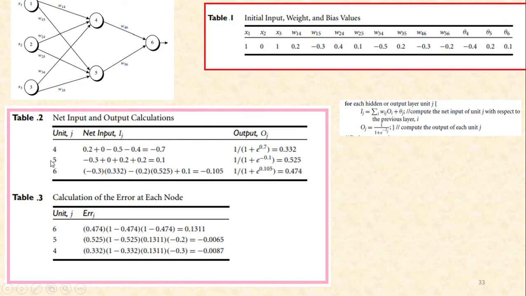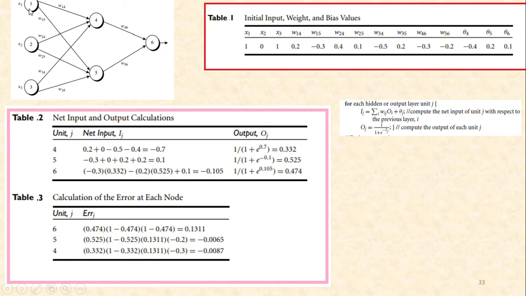Now the calculation of net input and output corresponding to neuron 5. Here we have the equation. According to the equation, the weights corresponding to neuron 5 are W15, W25 and W35 respectively. So W15 is minus 0.3, W25 is 0.1 and W35 is 0.2.